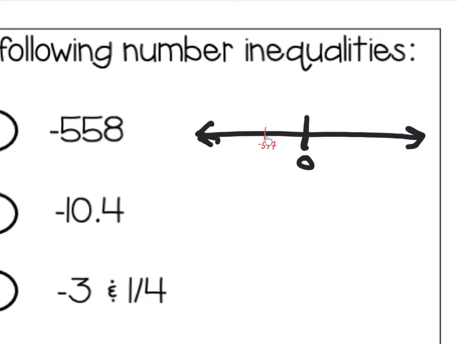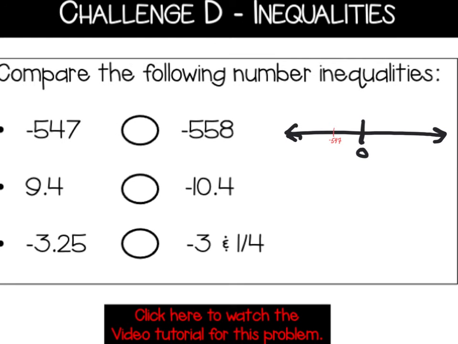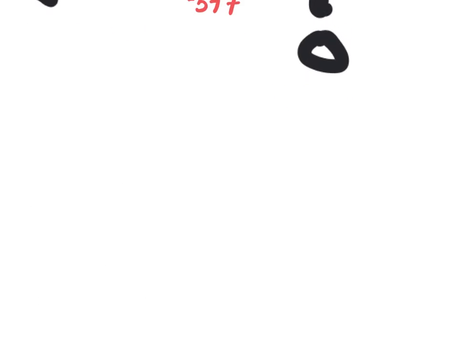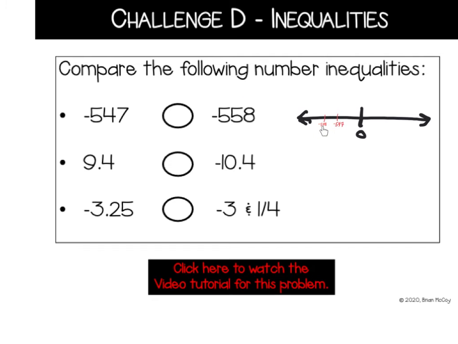Alrighty, so I plugged it in. I did it in red because it is in the negative, right? So I've got negative 547 written right there. And now if you look here, negative 558 would be further in the negative. So let's write that in. And bam, right here you can see that negative 558 is further into the negative.